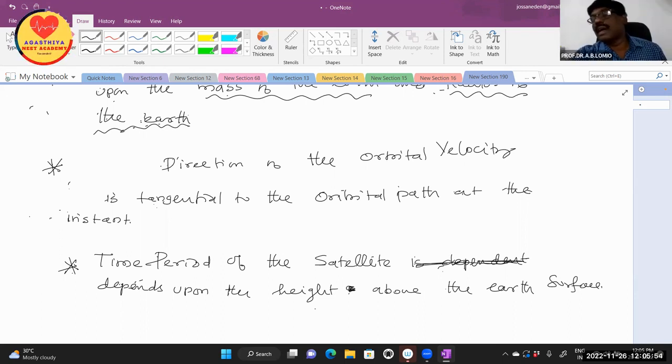The larger the height, greater will be the time period.